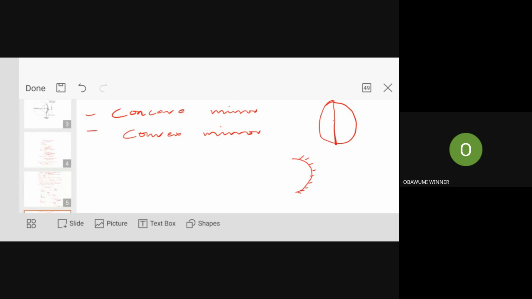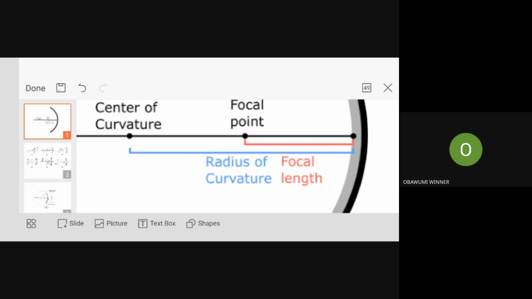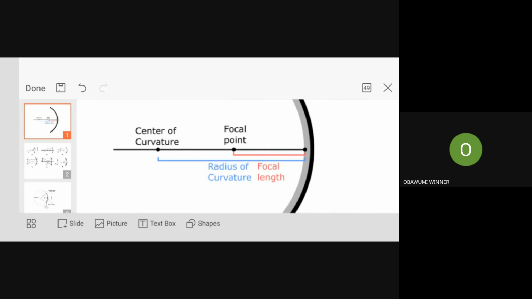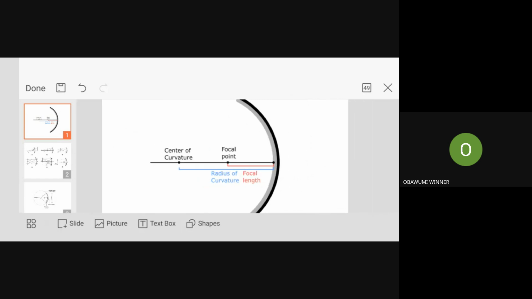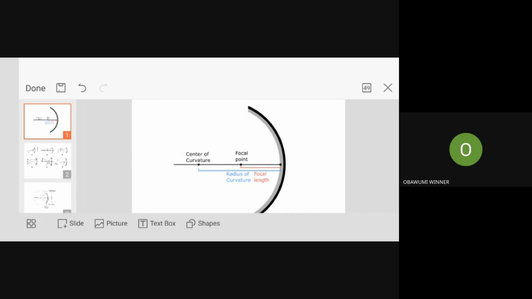Now, there are a few things you have to note anytime you are dealing with a concave mirror, and those few things are captured in this diagram I have here. Let me zoom out a little, and let me try to extend this line a little bit outward. All right. So what I have here is simply a concave mirror.